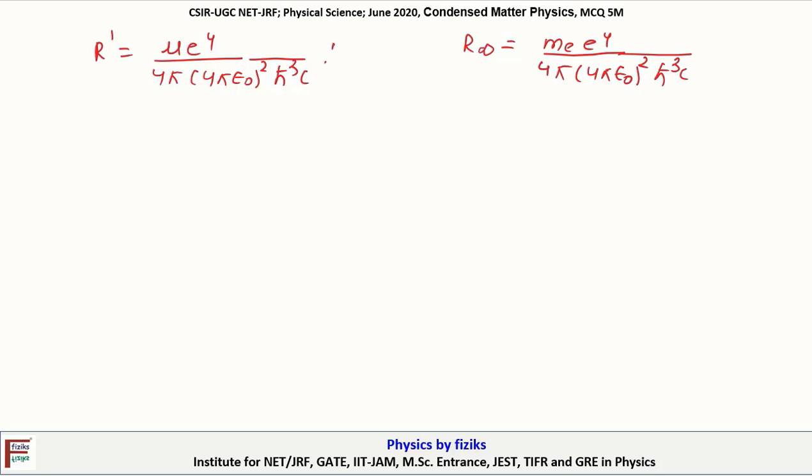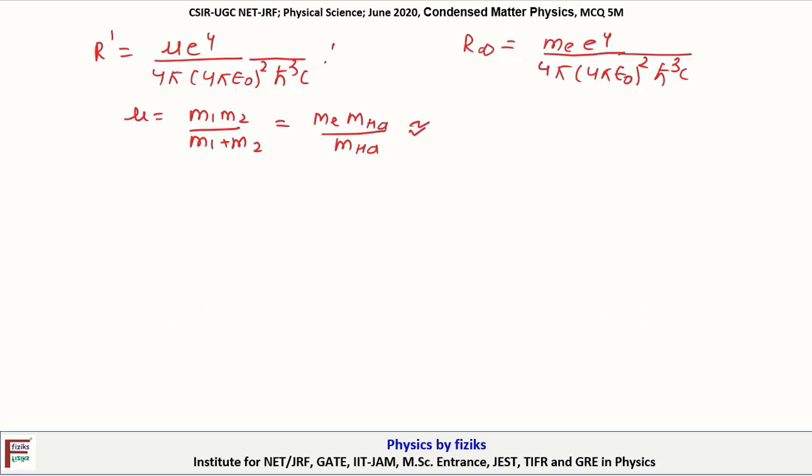Now μ here is defined as m1 m2 divided by m1 plus m2. Here we can say it is me × m_He. In the denominator we can write it as m_He because me is negligible.